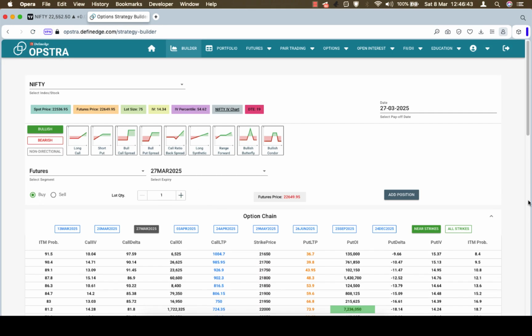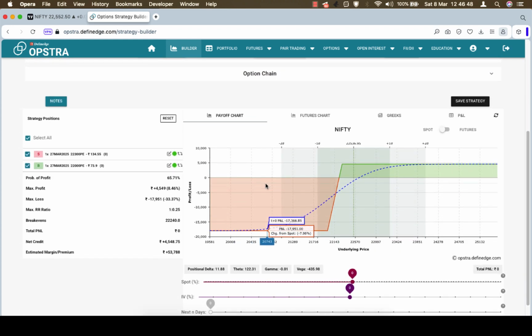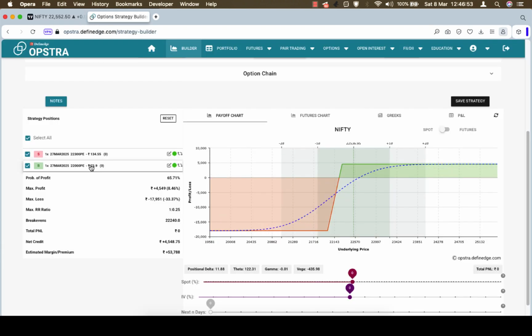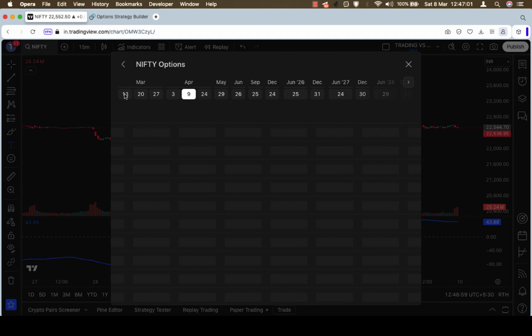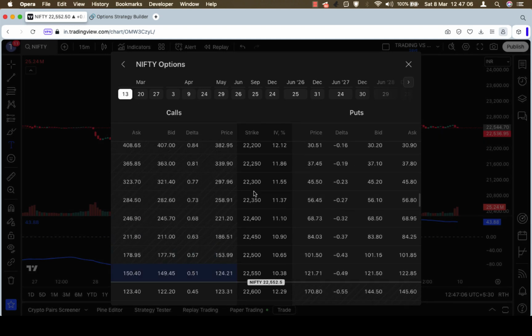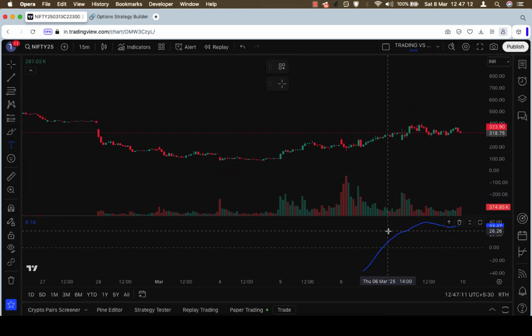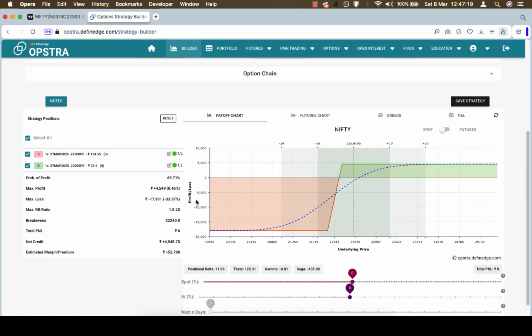Now I have to change the numbers here. What do I sell? I preferred the 22,300 put option. In the morning itself, I need to sell at a price of around 215.